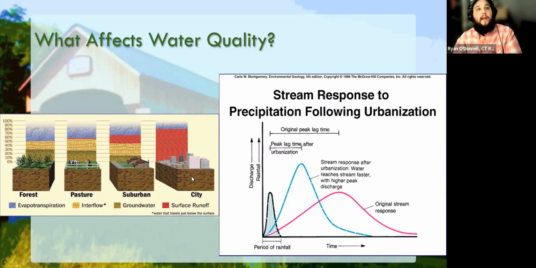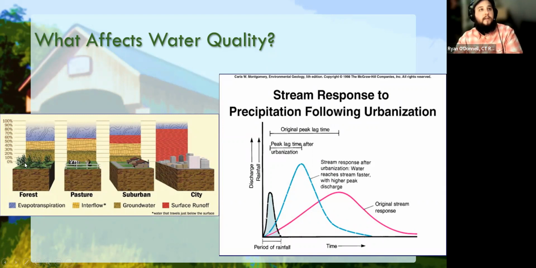And what land use is being done affects how that water behaves. In the left-hand picture, we have 4 land uses: forest, pasture, suburban, and city. And then there's a little graph that shows what happens when it rains.